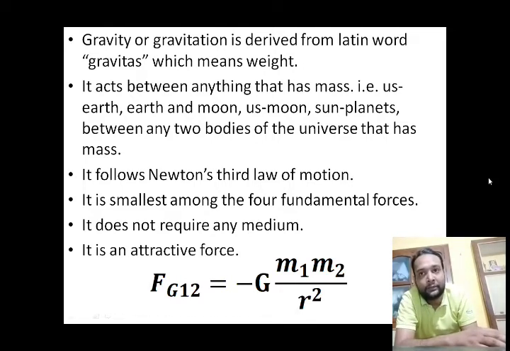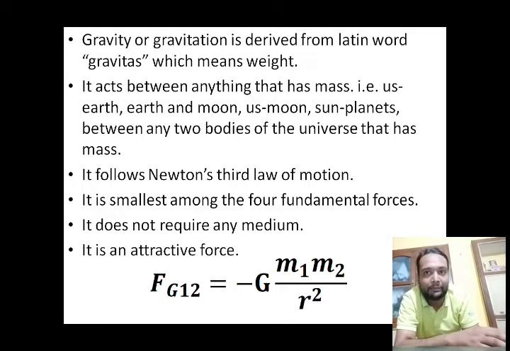Now it is a fundamental force. It is one of the four fundamental forces in nature and it is the weakest among them. Now it acts on anybody. Anything that has mass will face the gravitational force. Whether it's the inhabitants of the earth itself, the satellite of the earth which is the moon, or planets, sun, stars, anything that exists in the universe experiences this force.